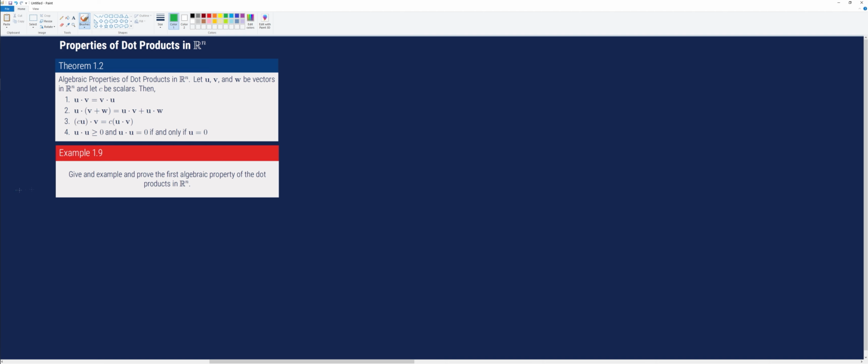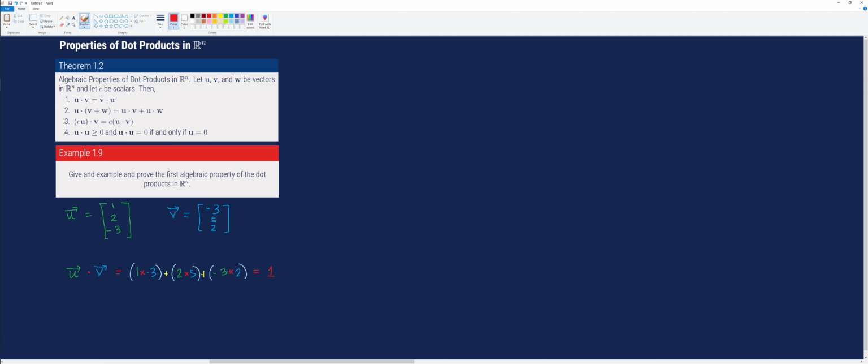Let's have an example. Suppose we have a vector u, which is 1, 2, and negative 3, whereas v is negative 3, 5, and 2.